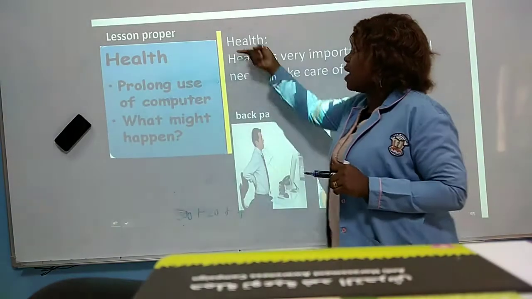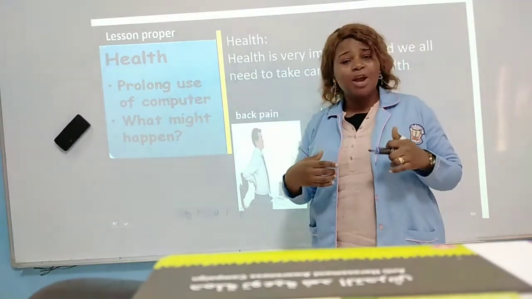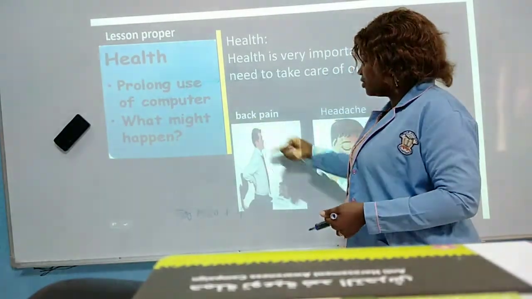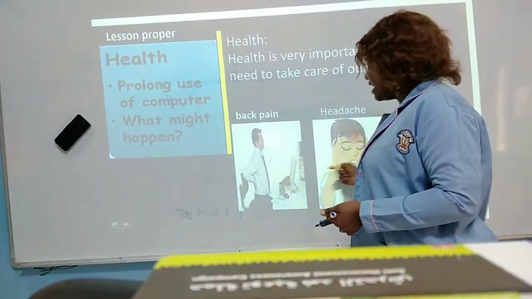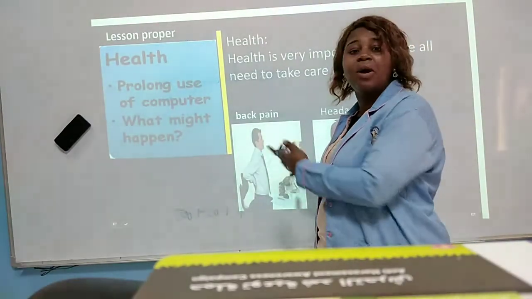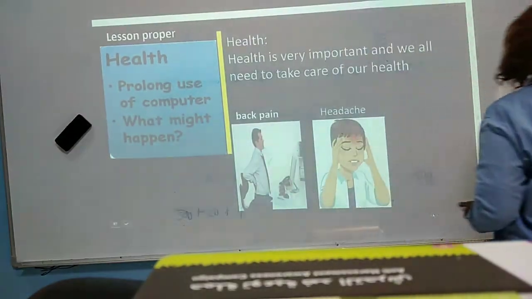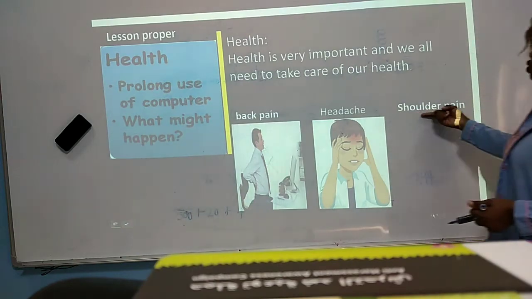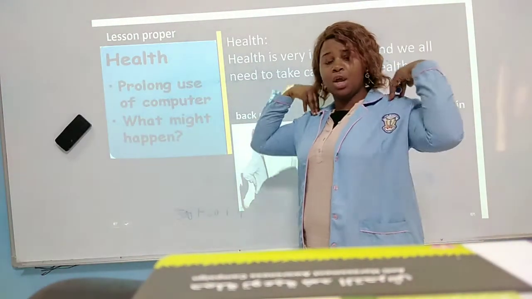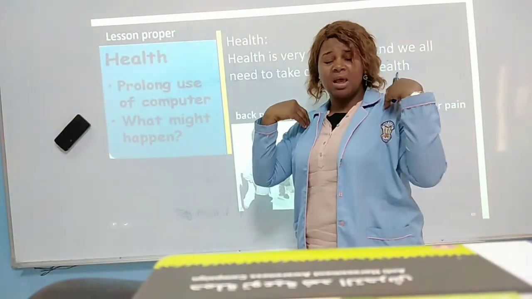This is all about health. That's why I said, what is health doing in our computer lesson? Now you see the reasons. All these are the things that happen in our lives if we don't take care of our health. We move to the next one. This is shoulder pain. Let me see your shoulder. Make your shoulder like this. Do you feel pain most times?